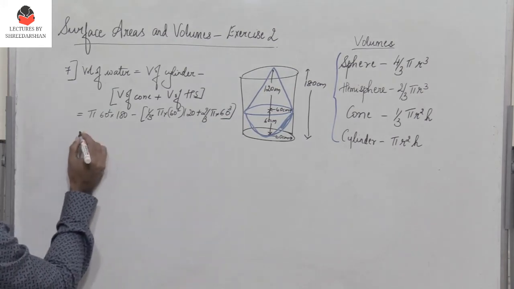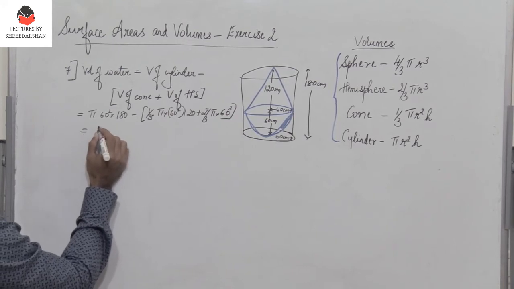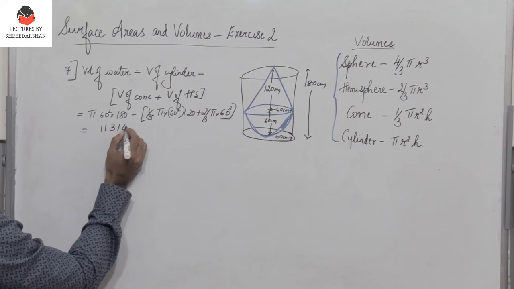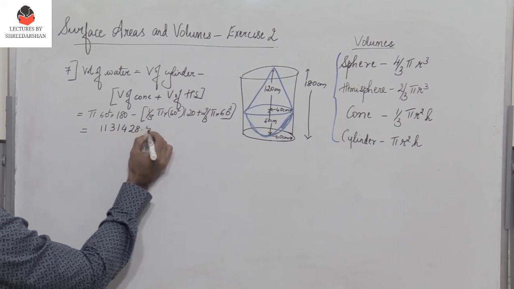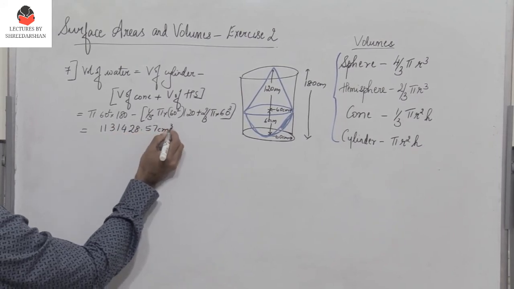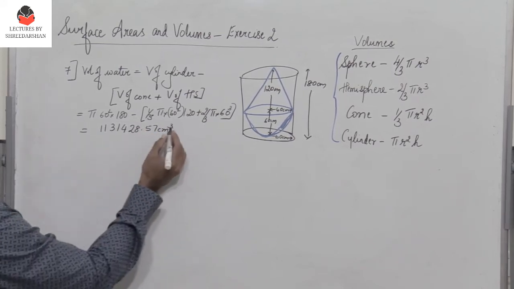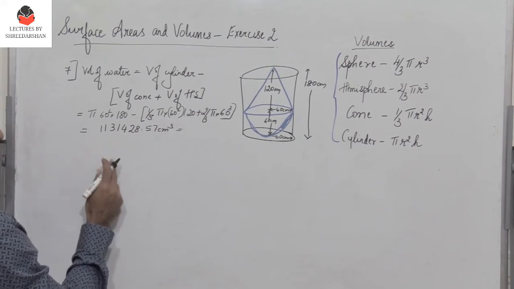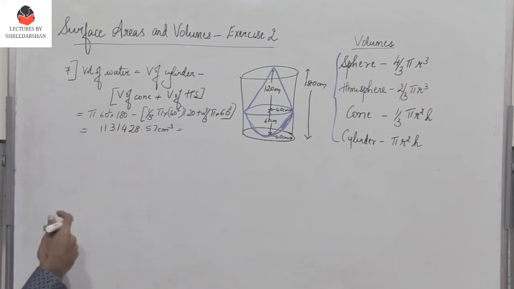So when we do this calculation, we get a value as 1131428.57 centimeter cube. Or we can divide this. So if I want to convert this to meter cube, what do I do? I know that 1 meter equals 100 centimeters.